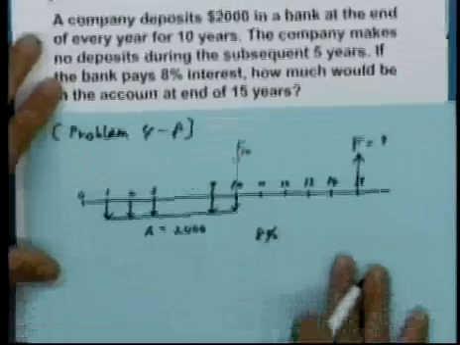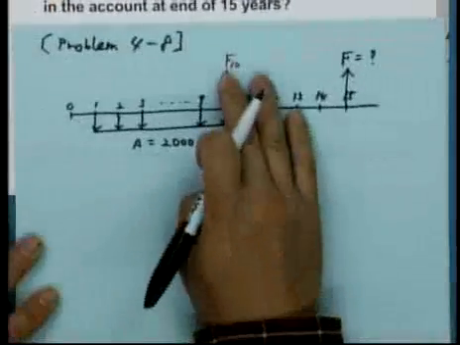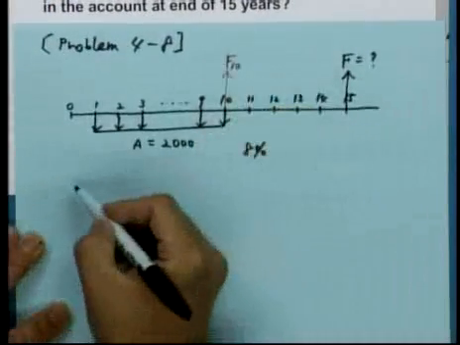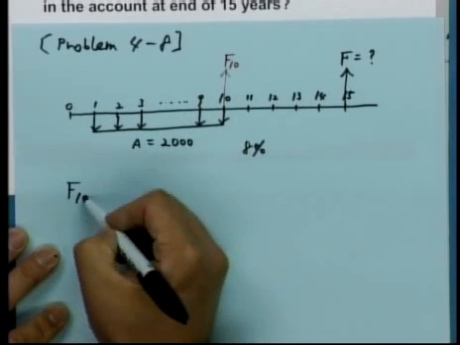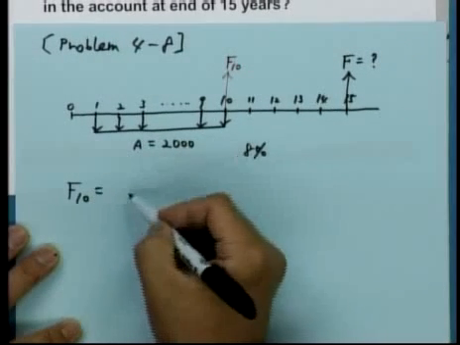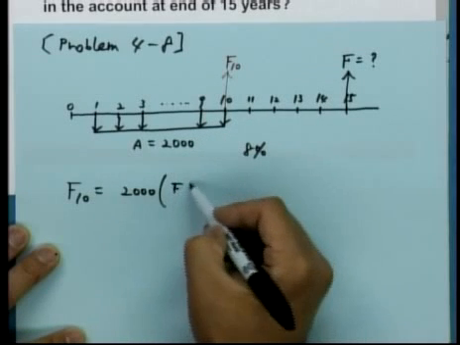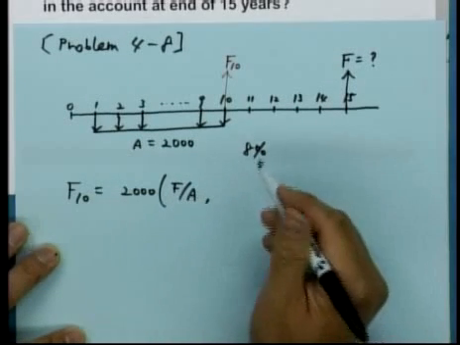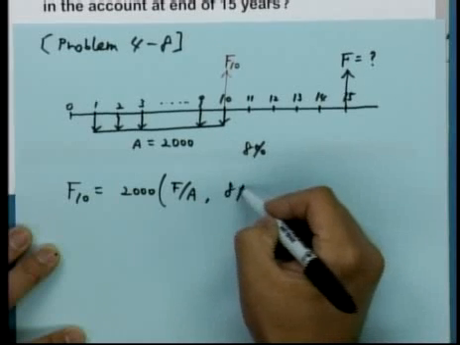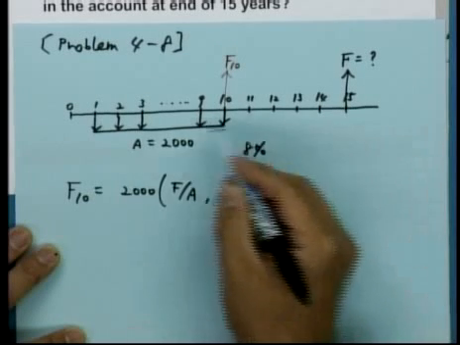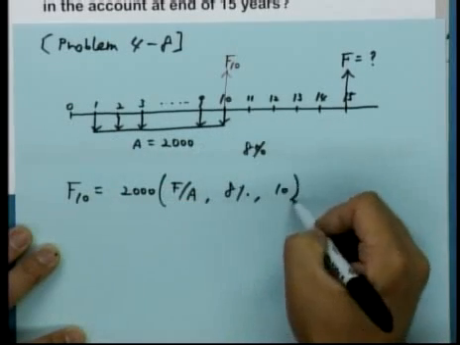So first, let's get the value of f sub 10. That's going to be 2,000 times f given a, 8% over 10 periods.